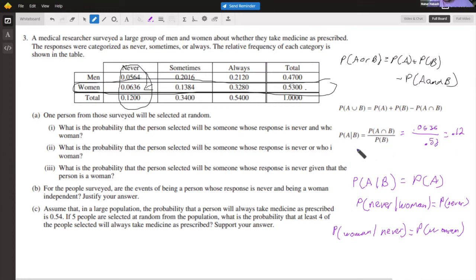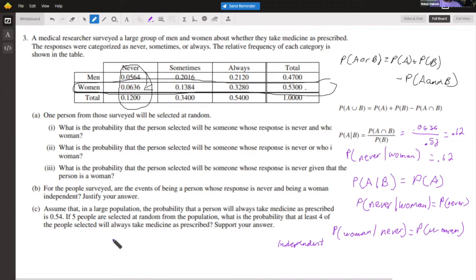So we just showed right here that the probability of never, given that they are a woman, equals 0.12. But what's the probability of never anyways? Also 0.12. Therefore, we are sure that we proved independence.